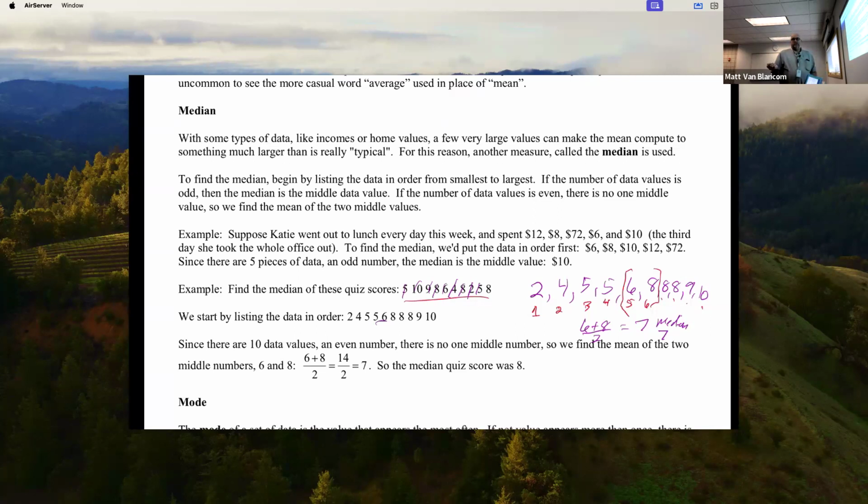Now, where median can be useful, let's imagine that I'm looking at going into a career, and they say, hey, the average wage is $35 an hour. I'm like, oh, that sounds pretty good. And then they say, okay, now with that, the median wage is $10.35 an hour. Well, the median should be the very middle, and here we're at 35 as the average, and the median's 10.35.